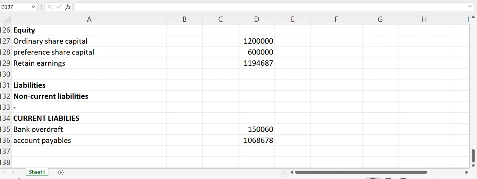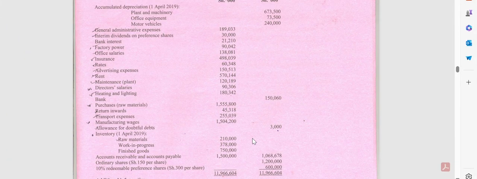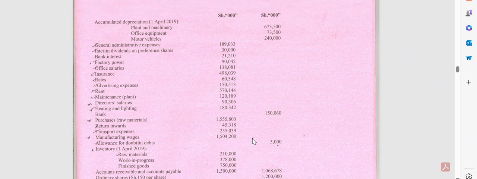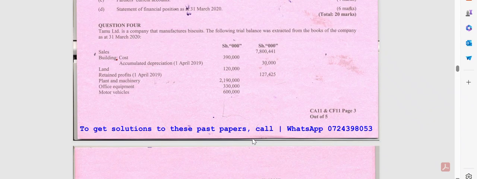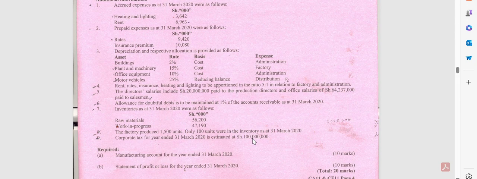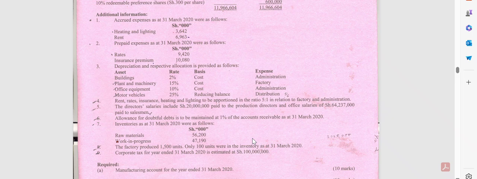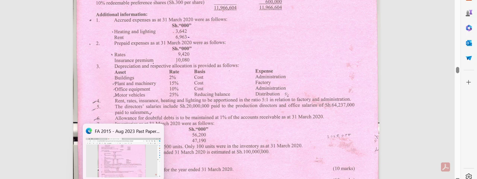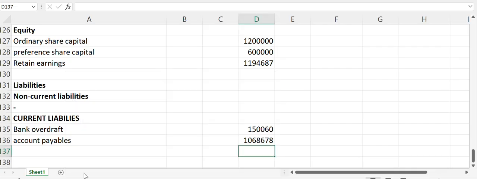Then anything else that's supposed to be on that side before we conclude with the accruals. So we had accruals. Yeah, accruals is heat and lighting and rent.